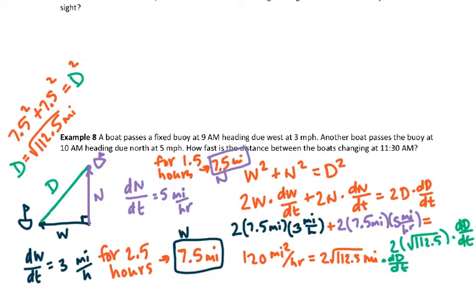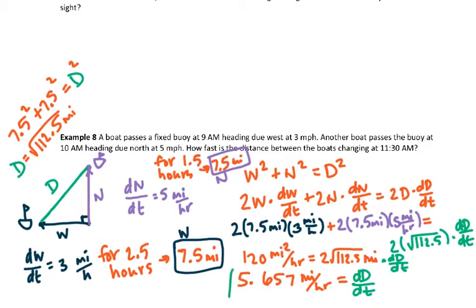So now I simply need to divide both sides by this value, and it's going to give us a decimal, not a beautiful decimal, of approximately 5.657, and we're going to divide miles squared per hour by miles, so it'll leave us with regular miles per hour as what's equal to the change in the distance between the boats versus time.